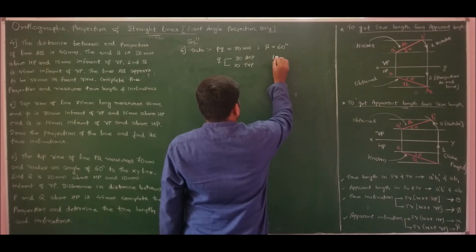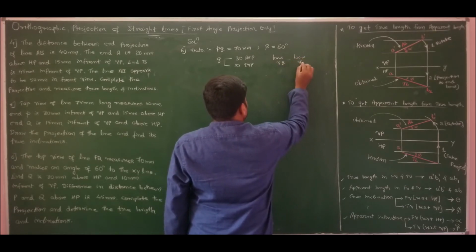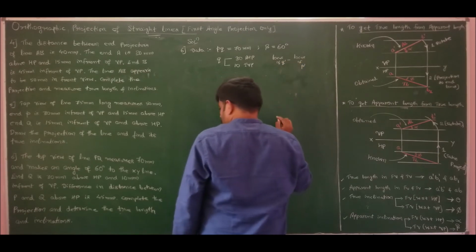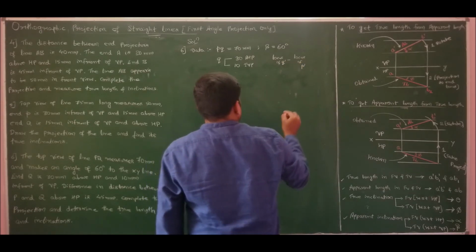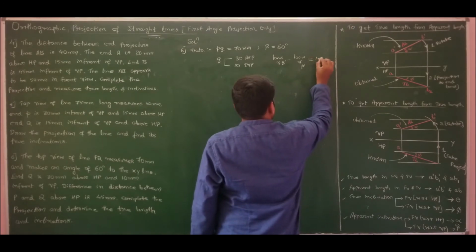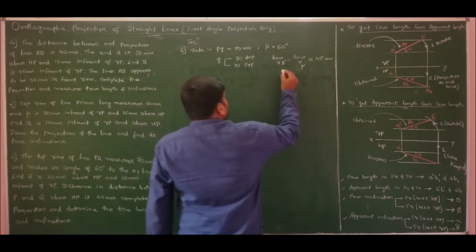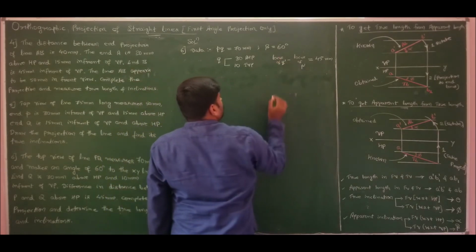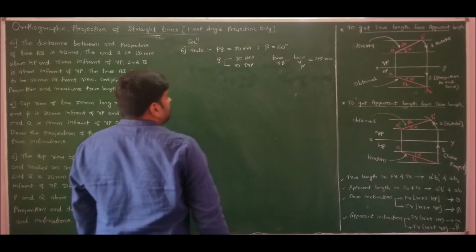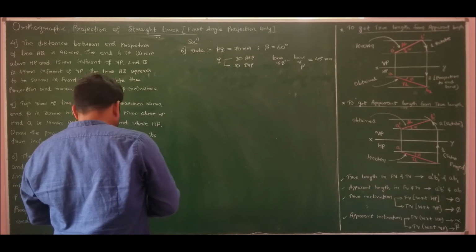So that is locus of Q minus locus of P in front view. Therefore, P dash Q dash above HP is 45 millimeters. The difference in distance between P and Q above HP, that is the locus of P dash and Q dash difference, is 45 mm. Complete the projection and determine the true length and inclinations.